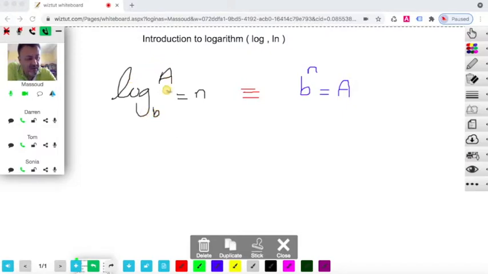The reason writing it like this is quite important is that when you're solving questions and working through the rules of log, having it written like this makes things a lot more clear, and stands out as what the next step would be. So try and practice writing it like this and also reading it like this. It will be log of A to the base B, log of A to the base B.